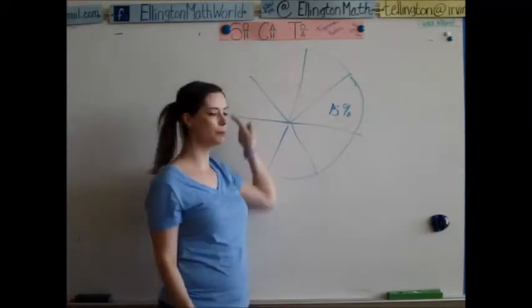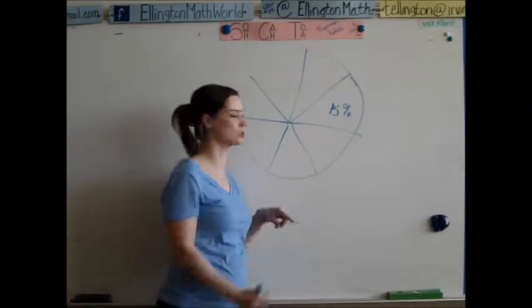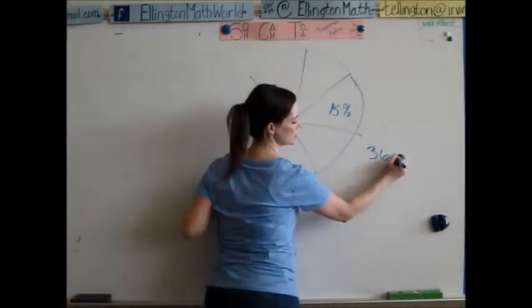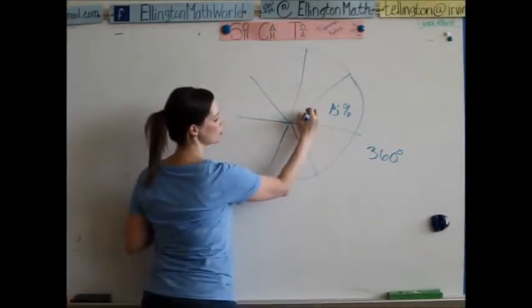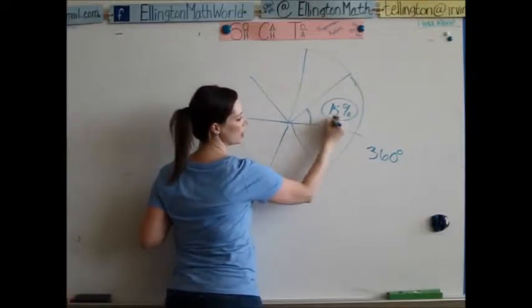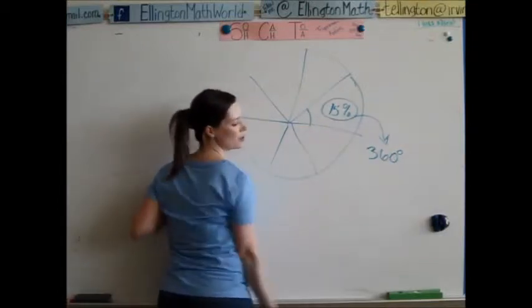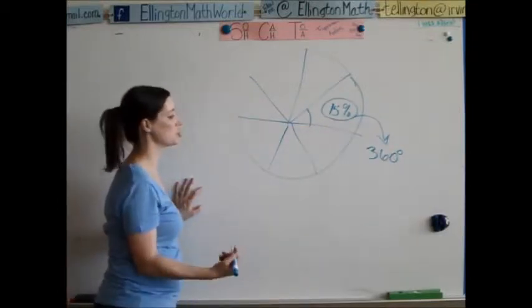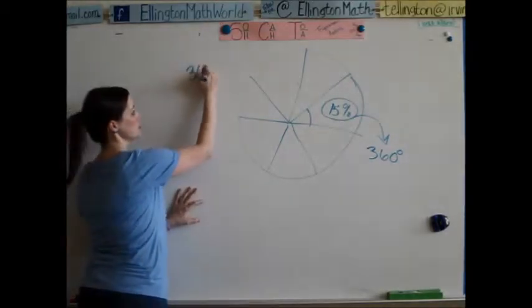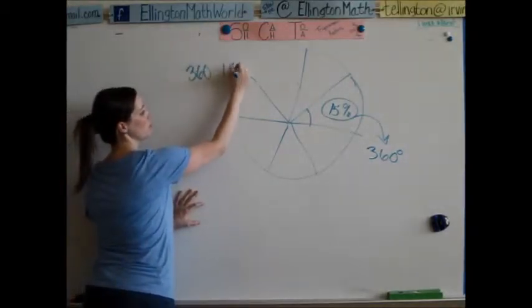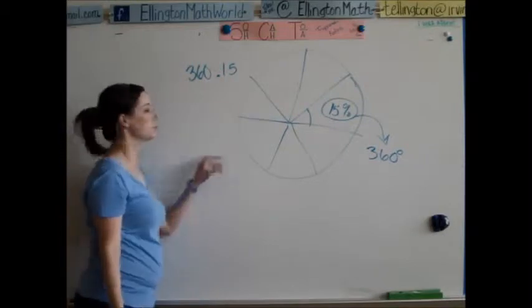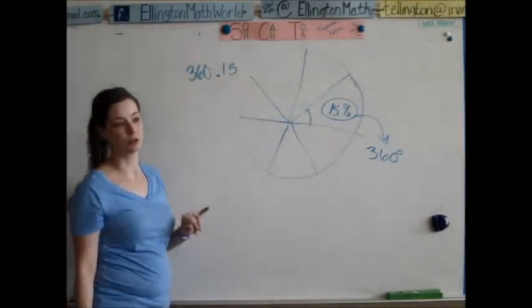The total measure, or the total degree measure of a circle is 360. So if I want to know this angle here, I need to find what is 15% of 360. Punch it in your calculator. 360 times 0.15. You turn it into a decimal so you can put it in a calculator.